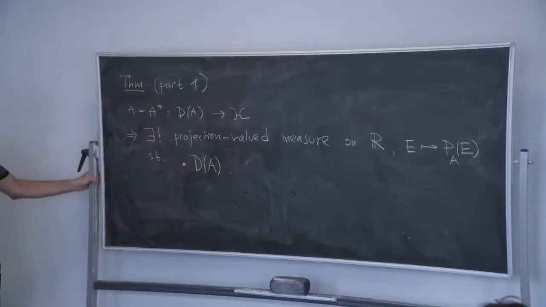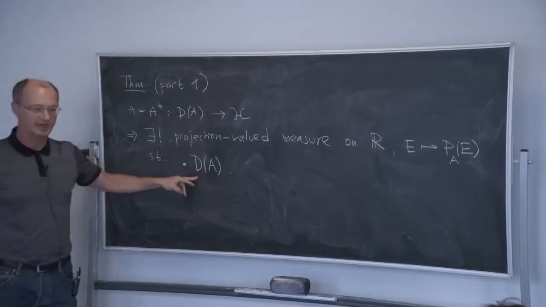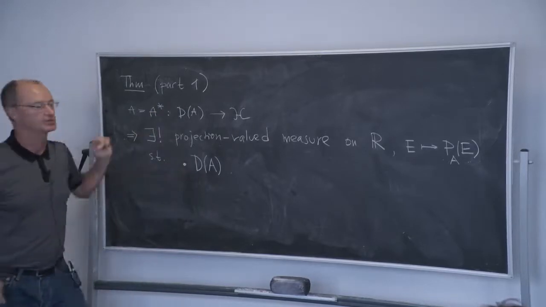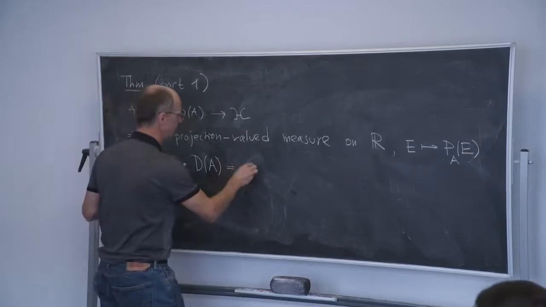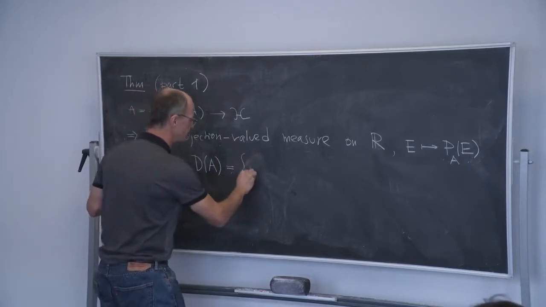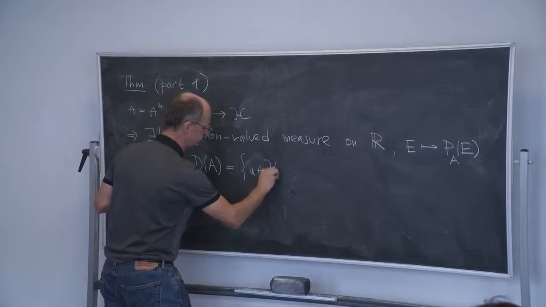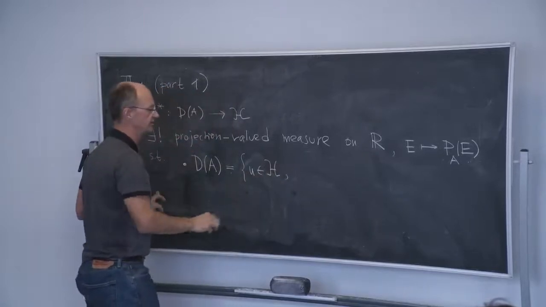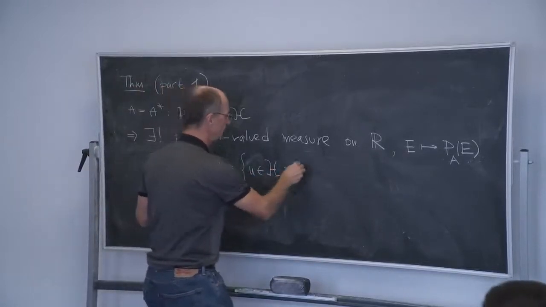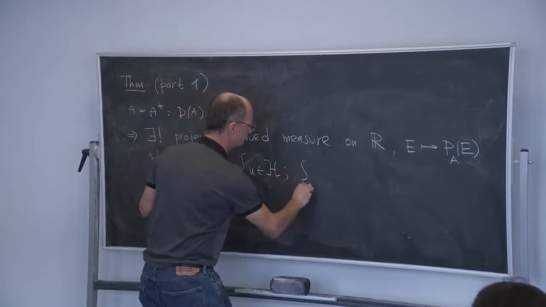So first of all, there is a characterization of the domain of A in terms of this projection valued measure. So these are all the vectors in H which satisfy the following property.